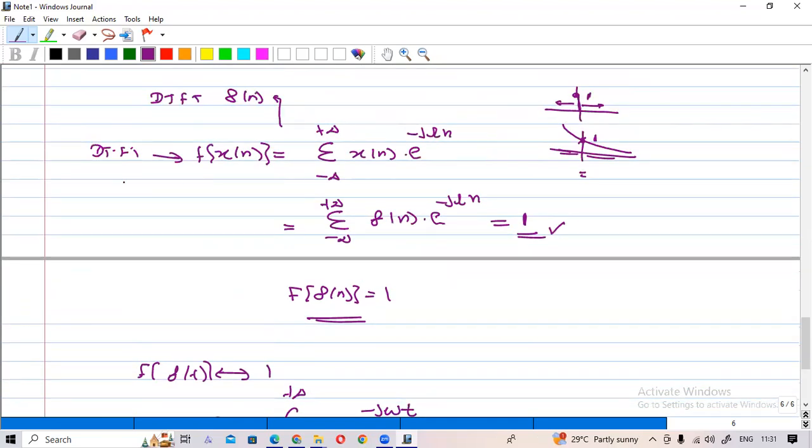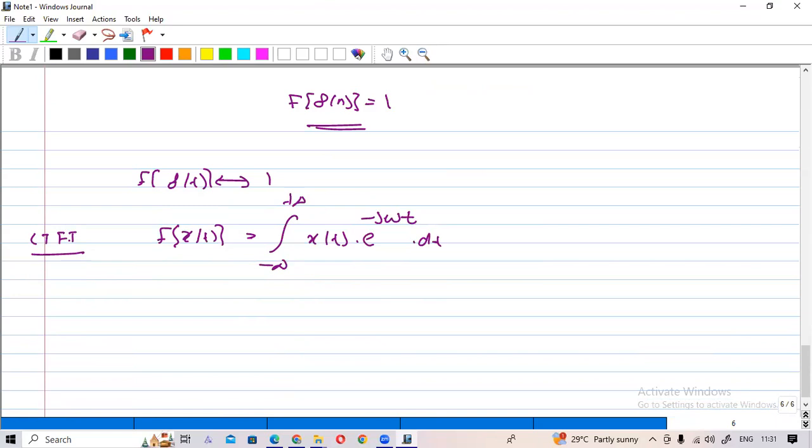For the discrete time Fourier transform, instead of the integration we have the summation. So instead of x(t), we put delta(t) in the integral.